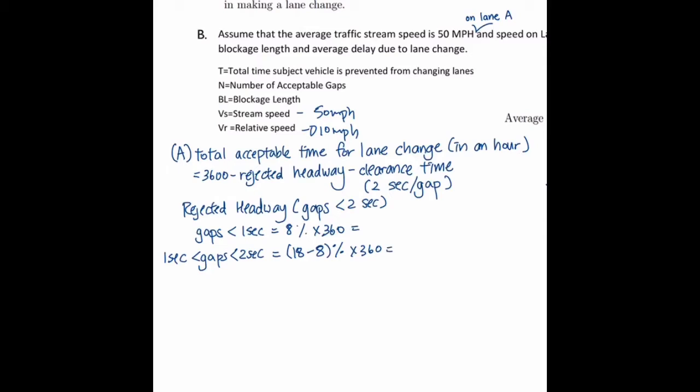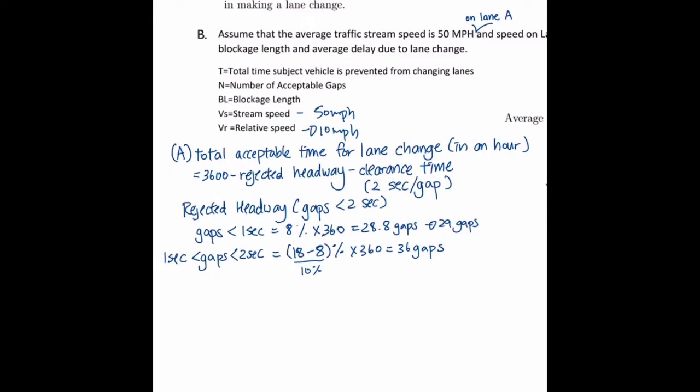So 0.08 times 360 is 28.8 gaps, which can be rounded to 29 gaps, and this one is 10% of the 360, so it'll be 36 gaps.